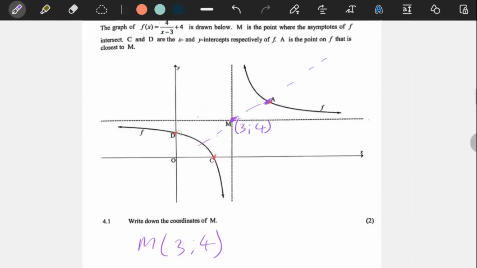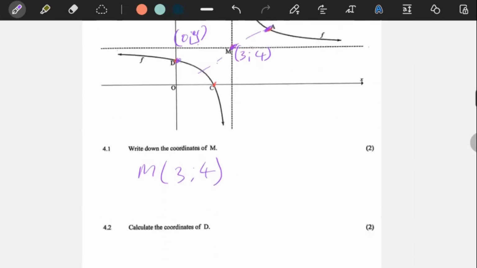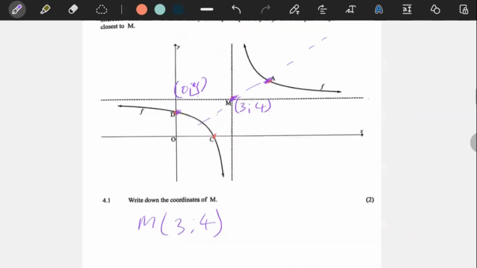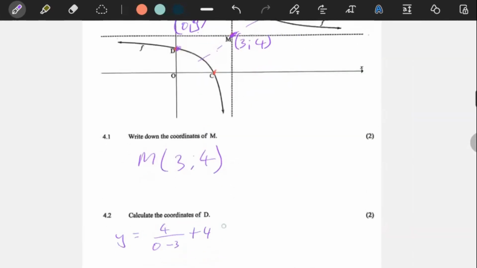D is a y-intercept, so you have to make x as 0, right? So if you make x as 0 in the equation of F, you're going to have y is equal to 4 over 0 minus 3, plus 4.